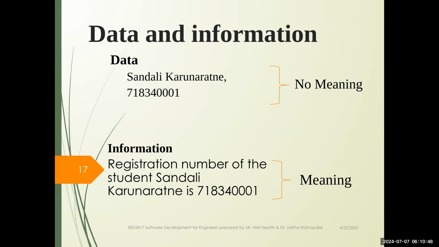We can say that the registration number is this. Earlier we had only the data. There is a difference between data and information. We store separate data in computers, and then we can retrieve data, and using those data we can create information using database management systems.